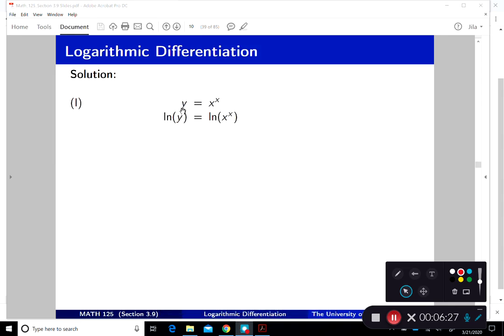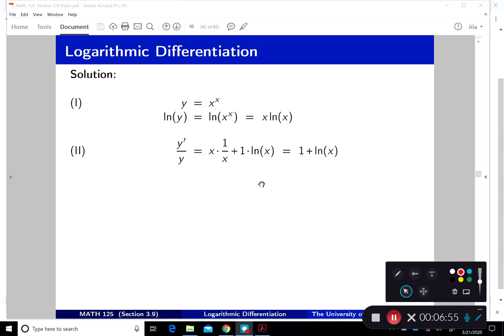Again, what I wrote was: you take the natural log, you simplify the side with the exponent, you take the derivative, and if it's y equal to an explicit function of x, you always get y prime over y equal to this derivative.